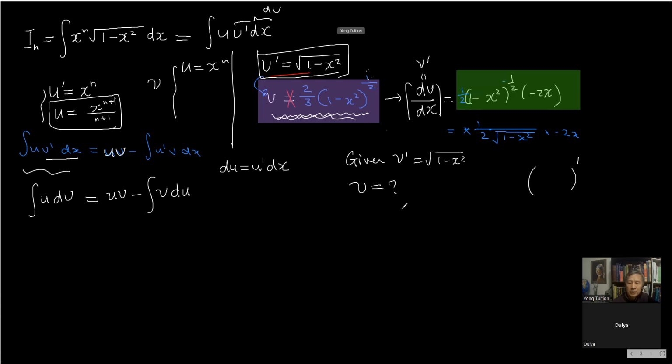So there's no clear answer. You agree? If we assume v equal to your formula is correct, then the first derivative must give you the same formula over here.